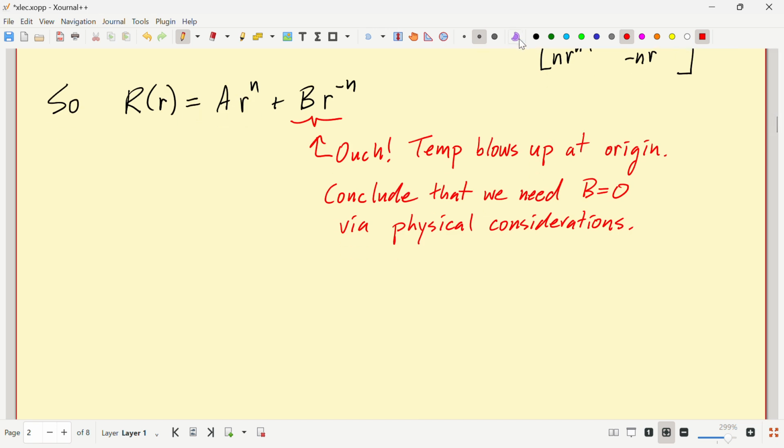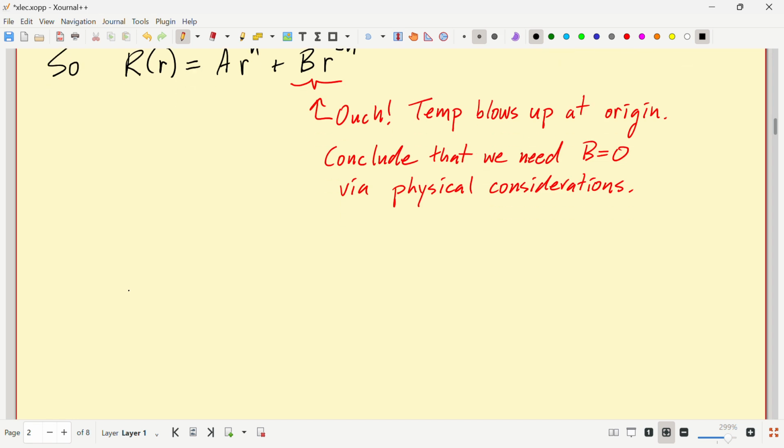The n equals 0 case, let's see. I guess I should do the n equals 0 case separately. What was I going to get?